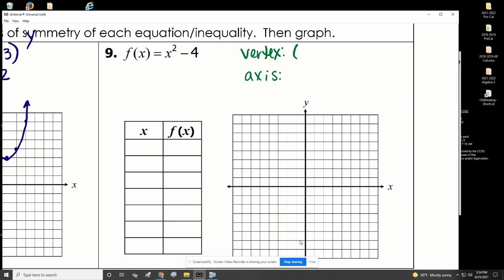So the x part of the vertex, we always take out of the parentheses, but if there is no parentheses, that means the x part of the vertex is 0. Right? And then this minus 4 over here is the y part of the vertex. Right? And then the axis of symmetry, x equals the x part of the vertex.